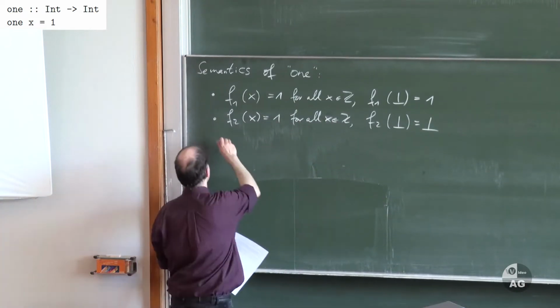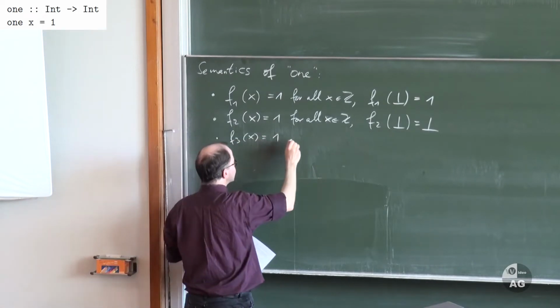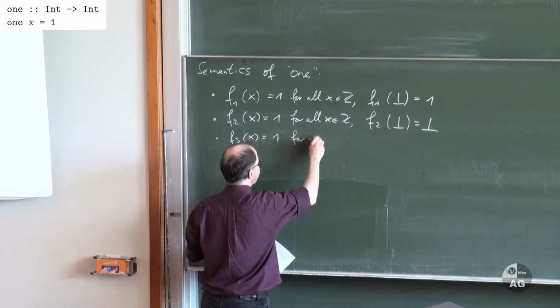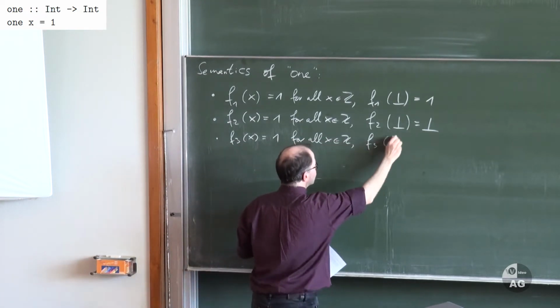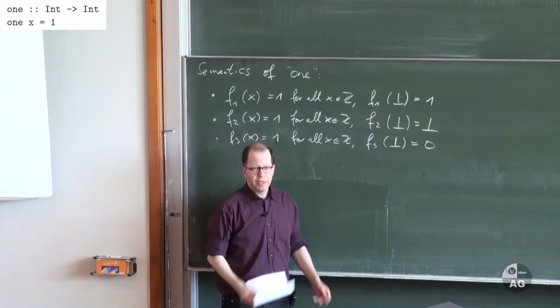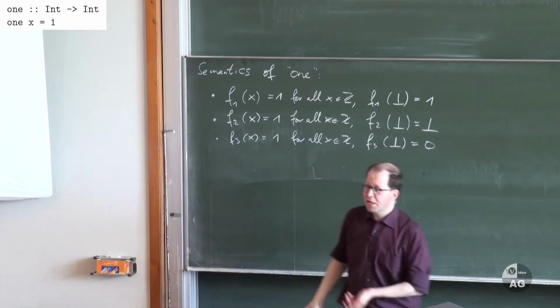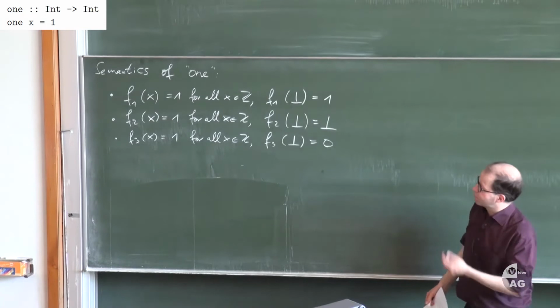And maybe another possibility is to say, as long as we apply the function to numbers, the result is 1. But if we apply it to bottom, the result is something different, 0, for example.